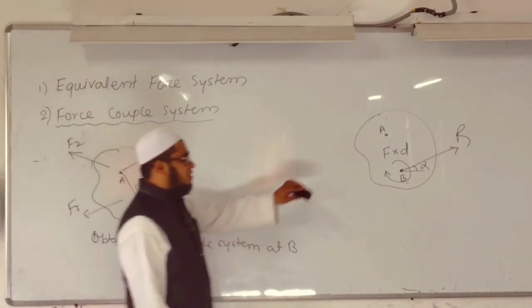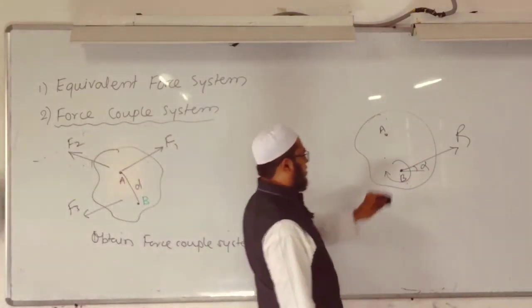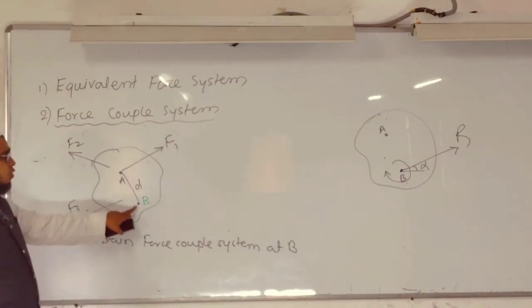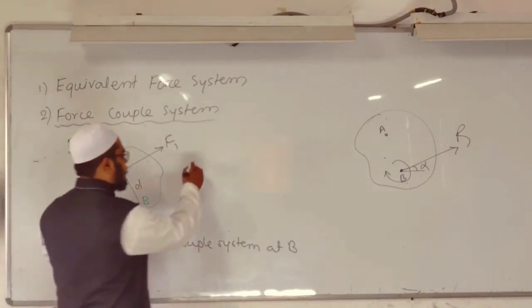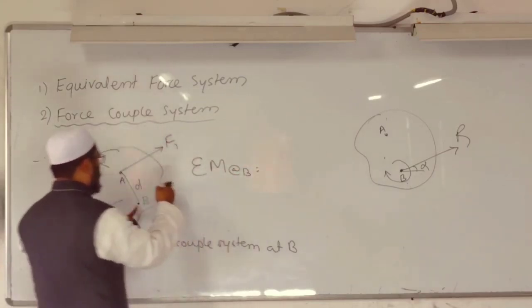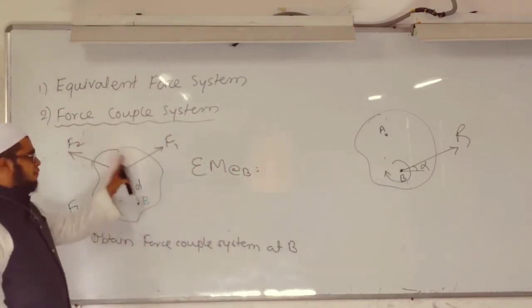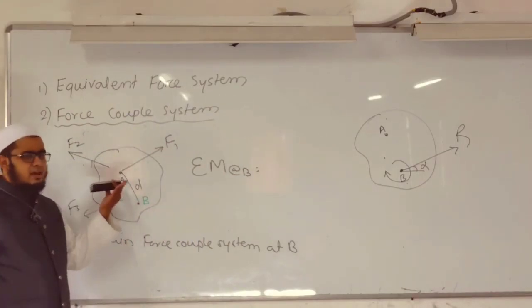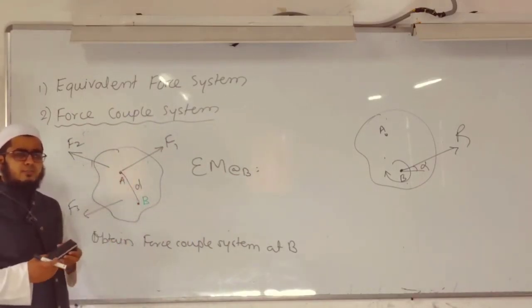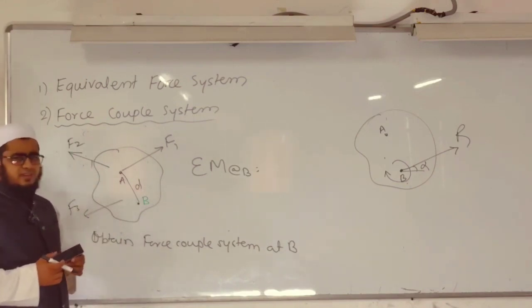In the second step, I will calculate the moment about point B. I will calculate the summation of moments due to all the forces F1, F2, F3. If a force is inclined, I will consider its horizontal and vertical components in the moment calculation, as we have seen in numericals.